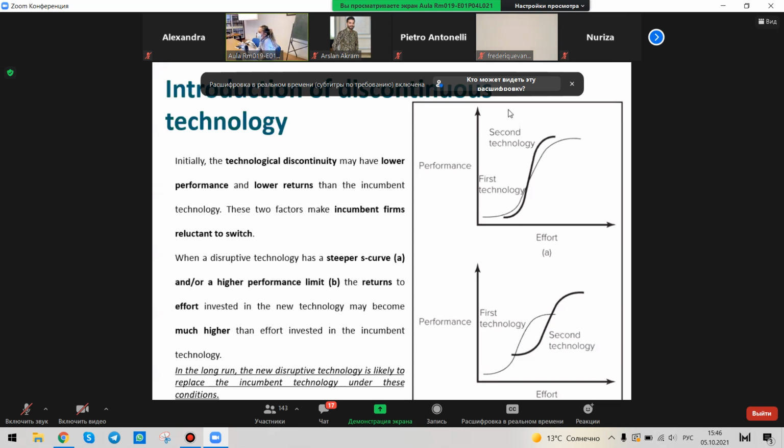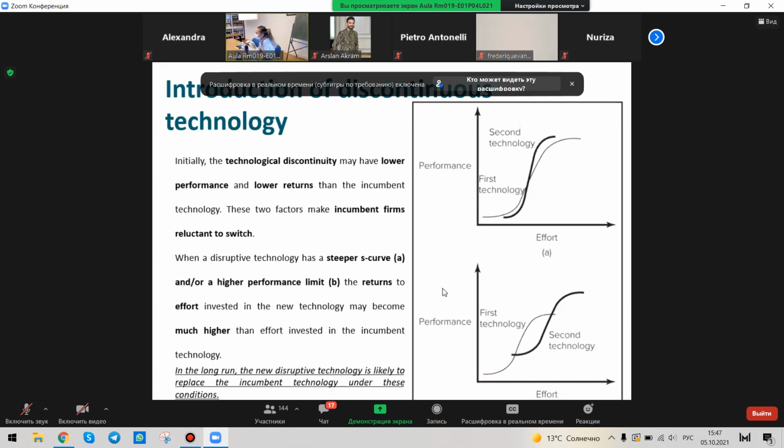Of course, here we are representing the case in which companies are not prepared for this technology, so for this discontinuity in the technological paradigm. But in the long run, like we all know, beyond being all dead, the disruptive technology will substitute the pre-existing technology. Nevertheless, what the incumbent companies want.